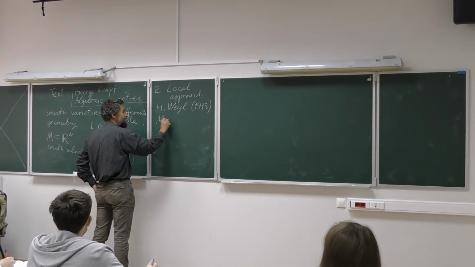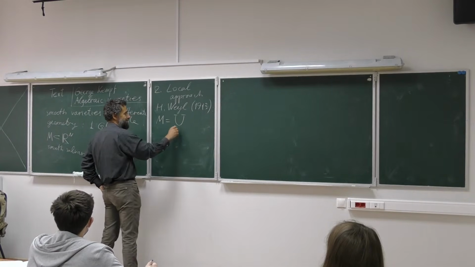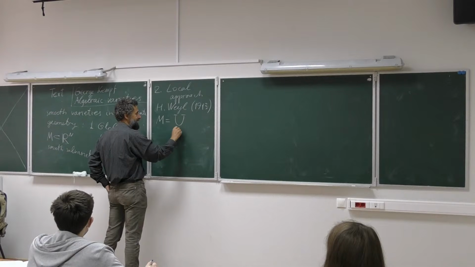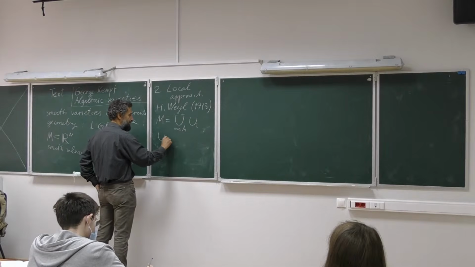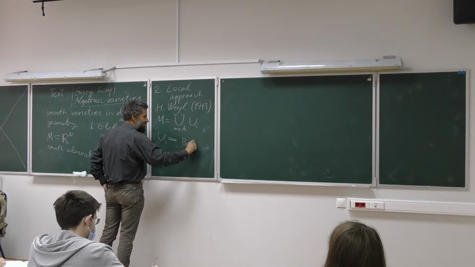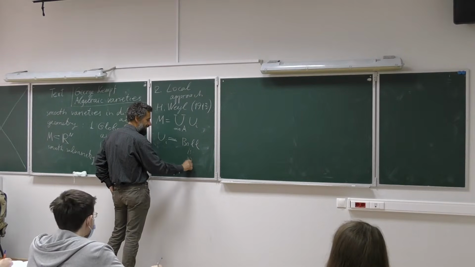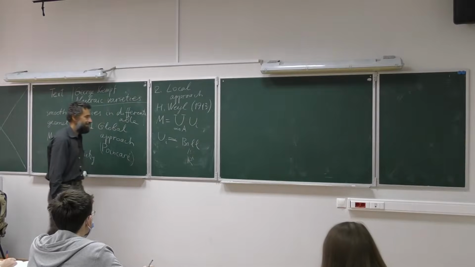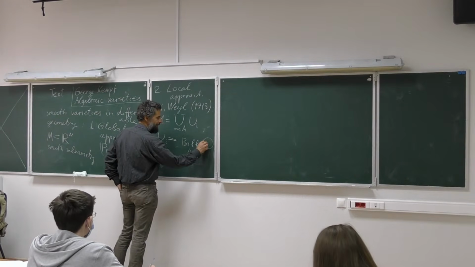So M is glued from some atlas. Or maybe this ball is also isomorphic to R^k, but usually, at least you imagine it as a ball, as an open ball.